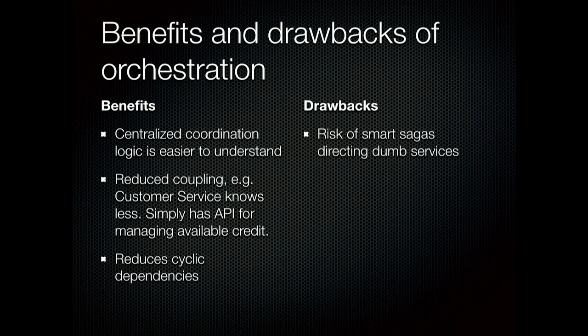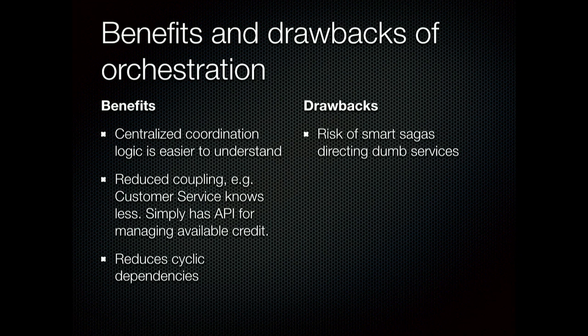It also reduces the coupling between the services because the customer service is simply told to reserve credit, release credit. It no longer has to know about all of the order lifecycle events. It's just focused on doing customer things, which is exactly what you want. And it gets rid of cyclic dependencies.